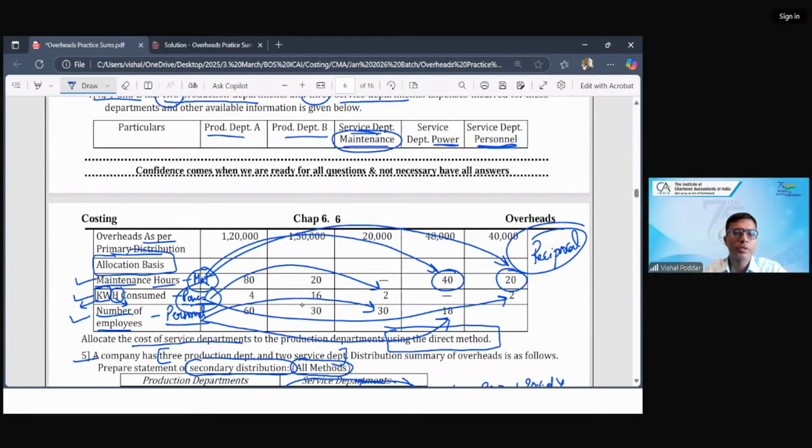Now, how will you do this? The answer is simple. Ignore, ignore, ignore the service given by service departments to one another. By simply ignoring this, your question will get converted.